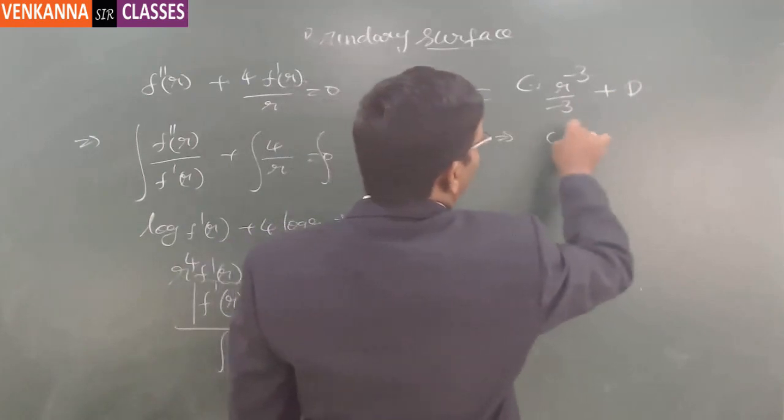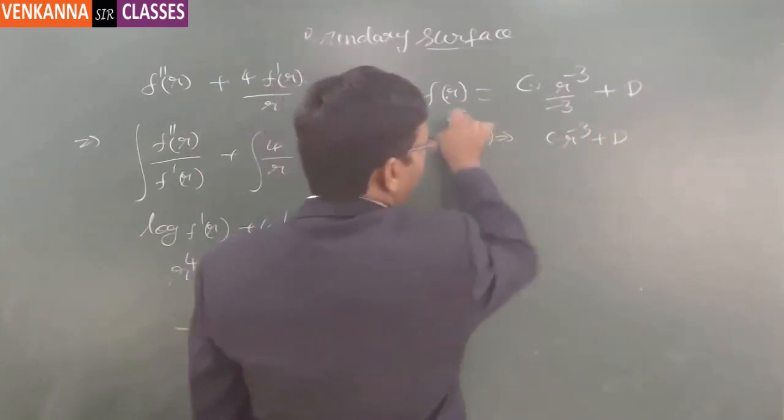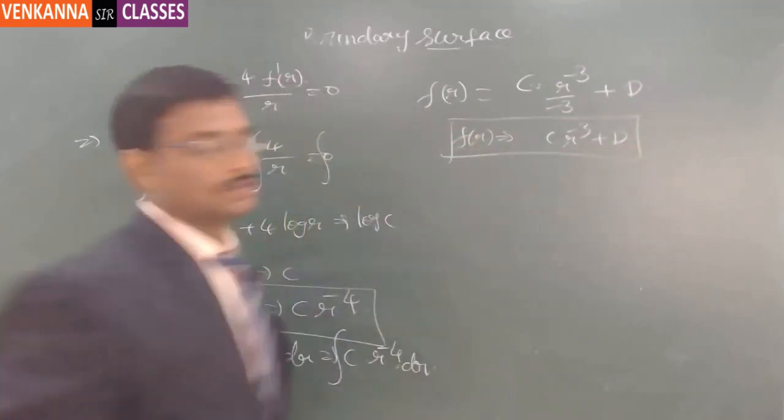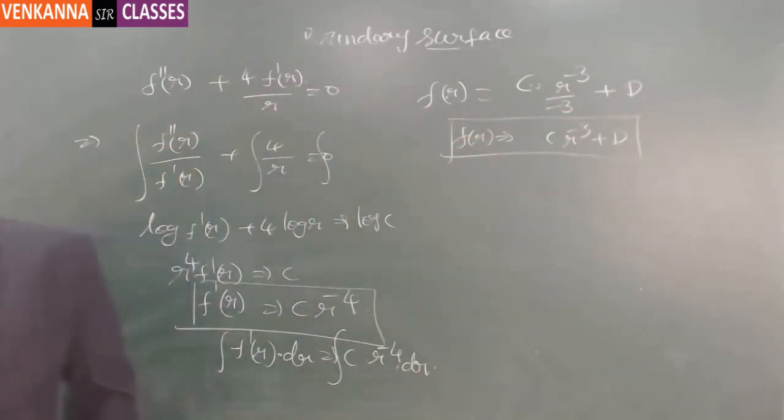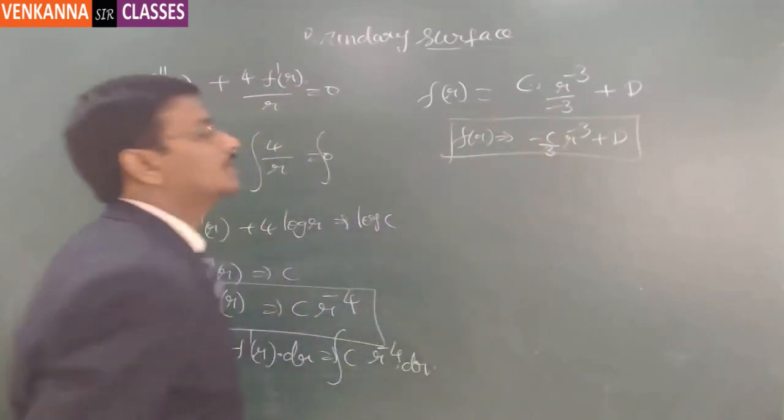So c into r power minus 3 plus d is the function f of r. Got it? Here c and d are the arbitrary constants. You can keep minus 1 by 3 as it is; that is the value of c.